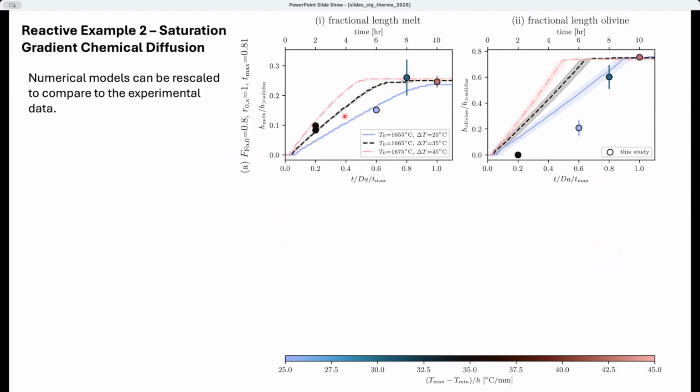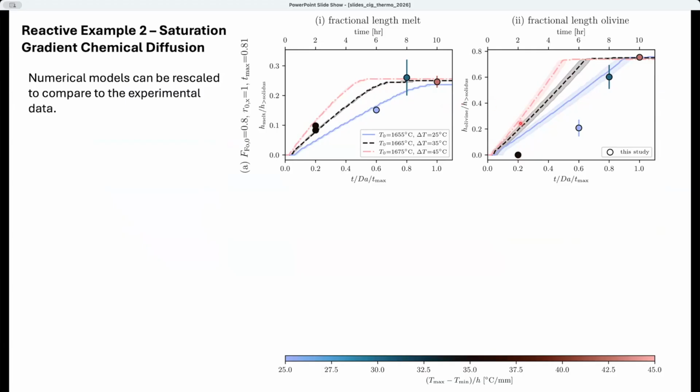And we do that quite well for the melt layer, which is the layer that has this sharp interface between the melt and the solid. But you can see here for the olivine layer that's growing from the base, we don't do a very good job with these models.